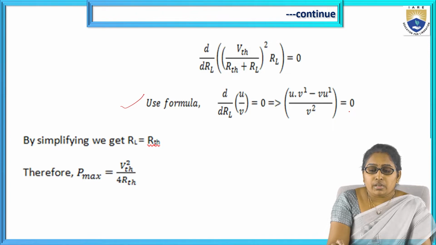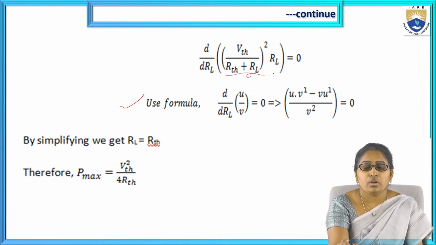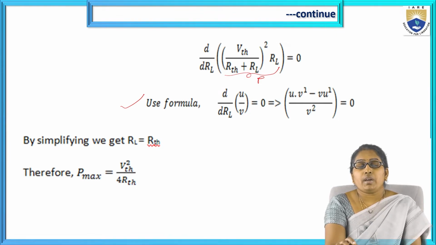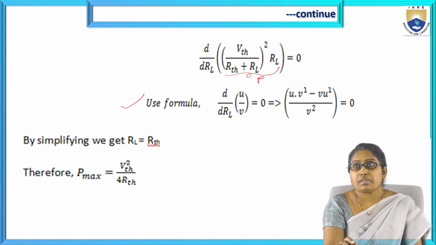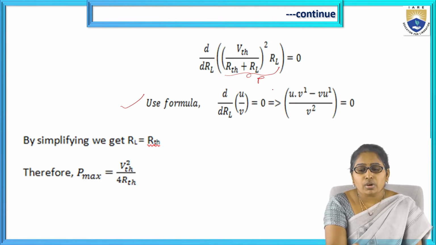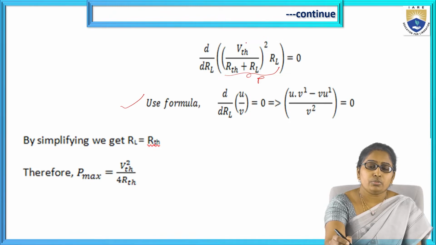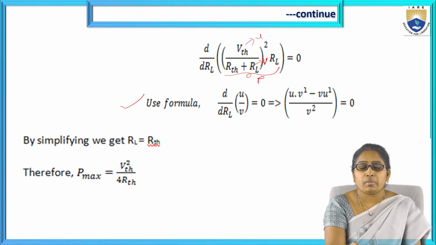So here for us, this is the expression dP by dRL. This is the whole power expression, right? VTH by (RTH plus RL) whole square into RL, that is the whole power expression. So apply the U by V formula to this expression.